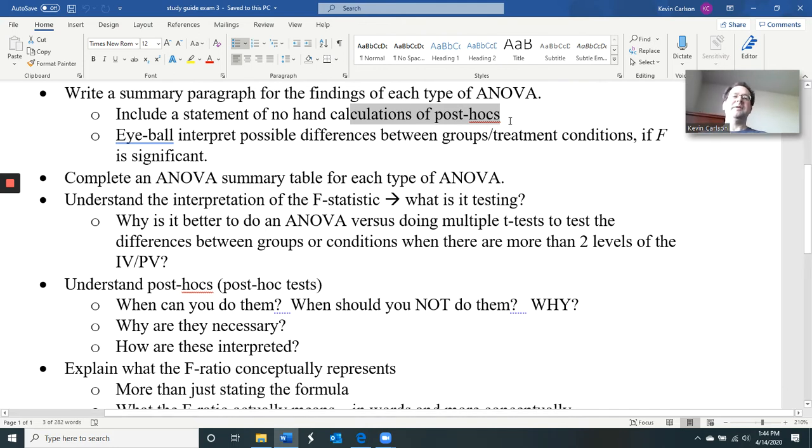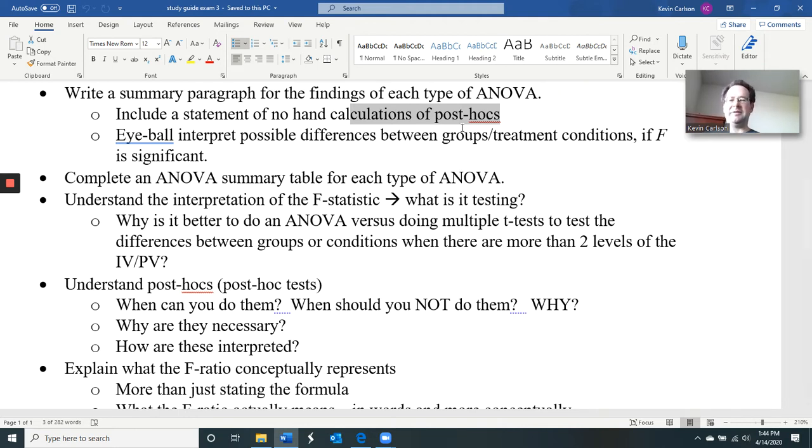So if it's significant, then you say that basically post hocs are needed to see which conditions or levels of the IV differ from each other.